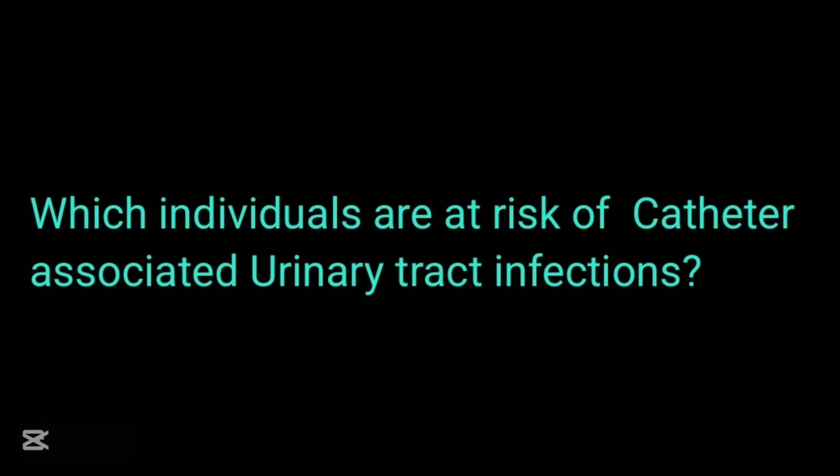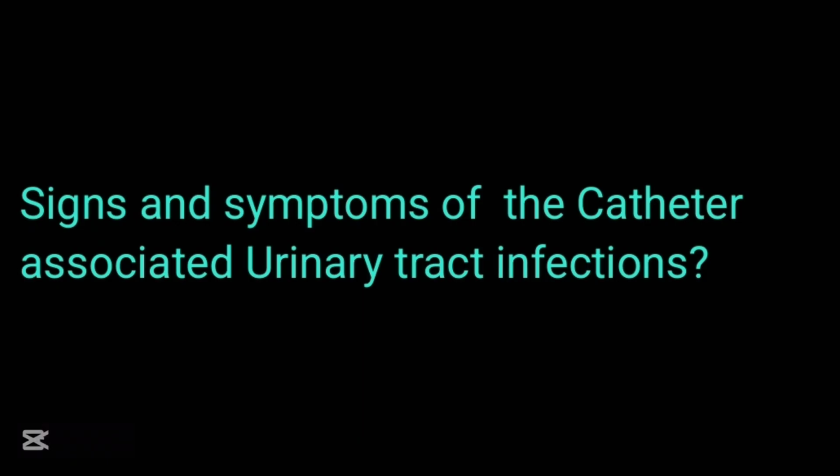The signs and symptoms of catheter-associated urinary tract infections include fevers, that is an increase in the body temperature, chills, that is a feeling of coldness, rigors, that is shivering, especially when the body temperatures are high, abdominal pain, especially in the lower abdomen and the flank regions.